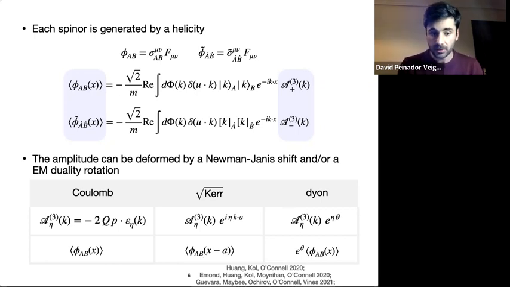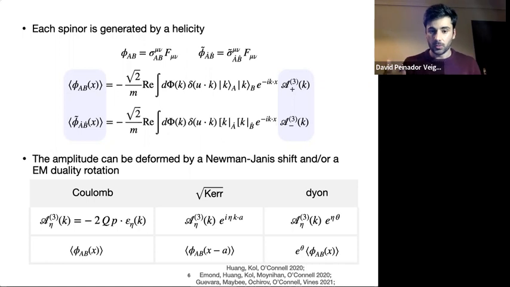Similarly, you can perform another transformation, namely an electromagnetic duality rotation, to go from Coulomb to a dyon. In terms of amplitudes, that corresponds to putting in this extra factor e to the helicity times theta. And again, in terms of spinors, this has a very nice interpretation, just as a phase multiplying the spinor, and the inverse factor multiplying the dual spinor.